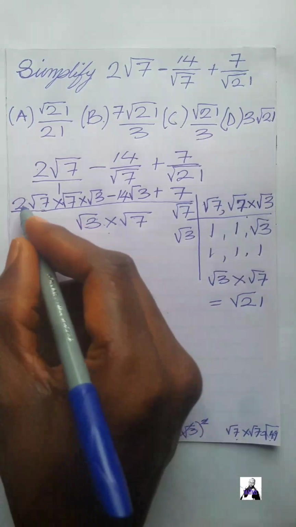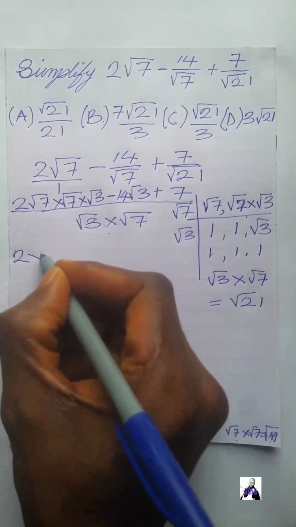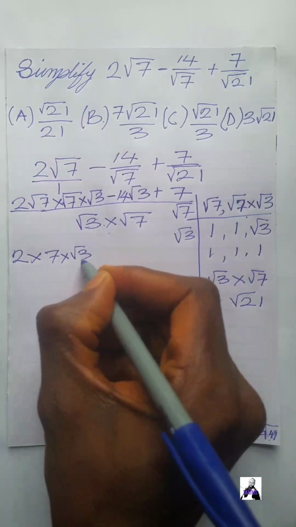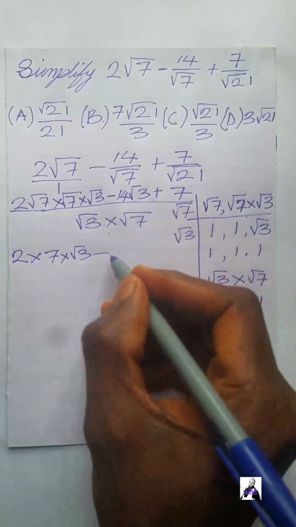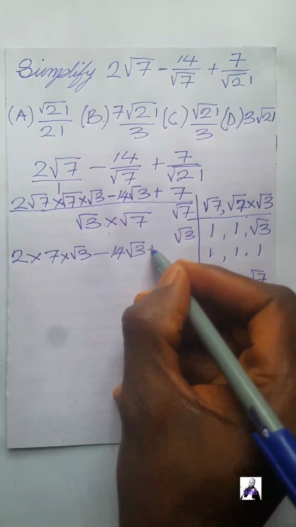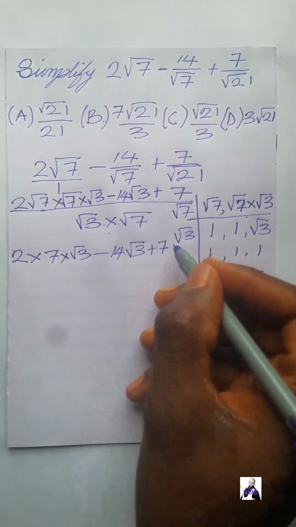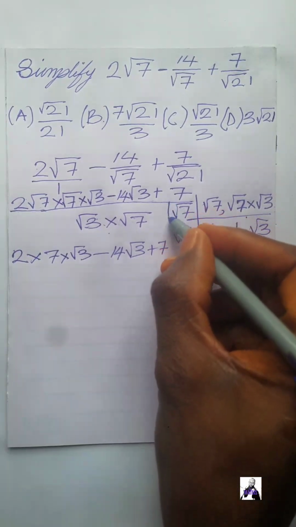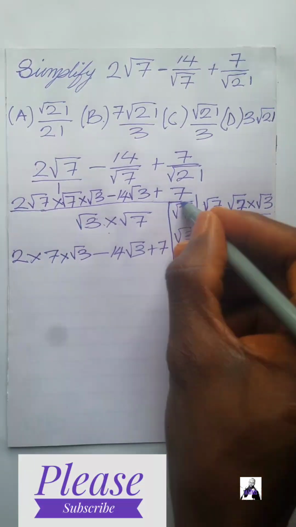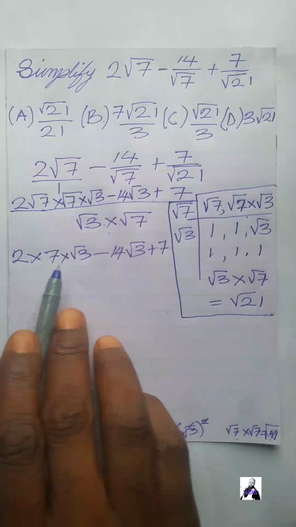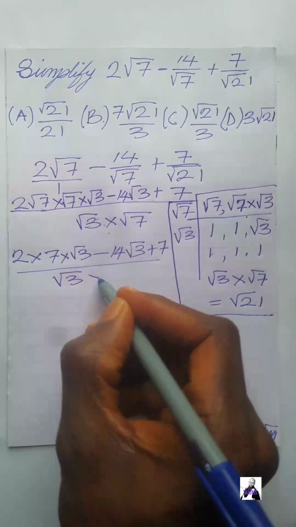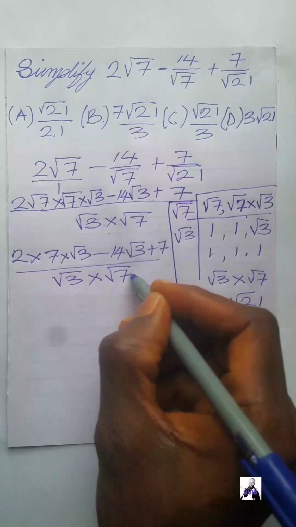So we have here 2 times 7 times root 3 minus, let's copy this out, 14 root 3 plus 7. Please don't be confused by this part. Let me box it out. Divide that by root 3 times root 7.